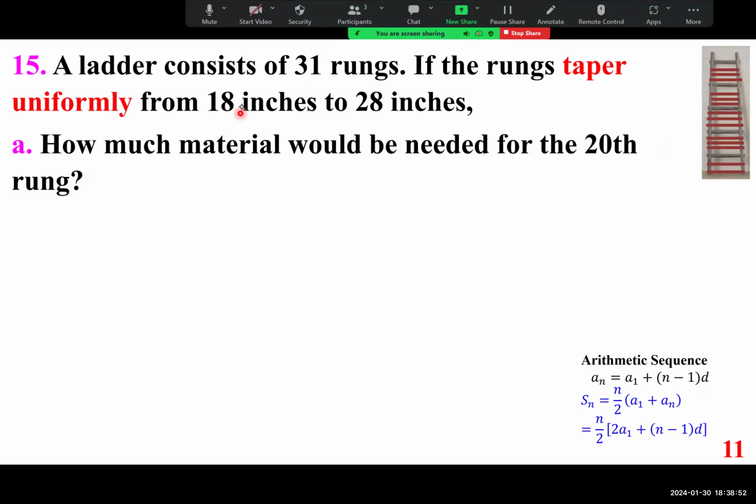A sub 1 is 18. The last one, A sub 31, is 28. What do we want? A sub 20. So this is understanding the problem. It's an arithmetic sequence with the given information.